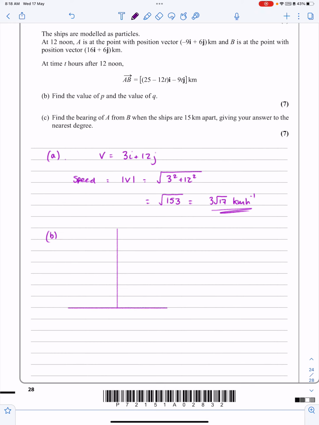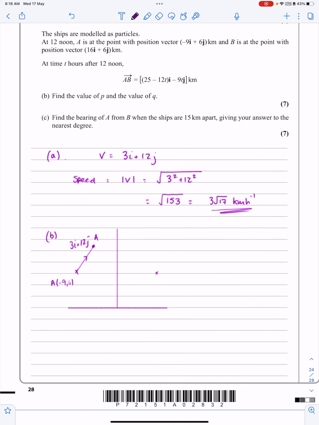So in this particular question, A is at minus 9i plus 6j, and it's got a velocity of sort of 3i plus 12j. And B starts off at 16i plus 6j.